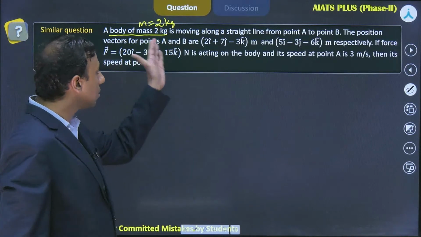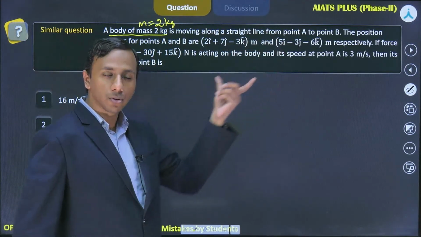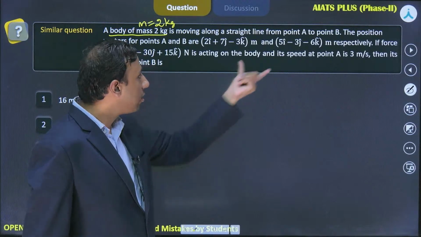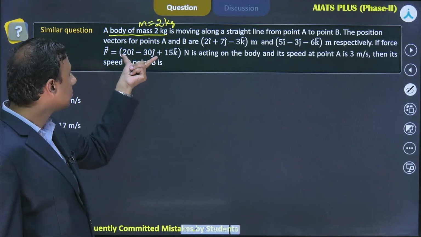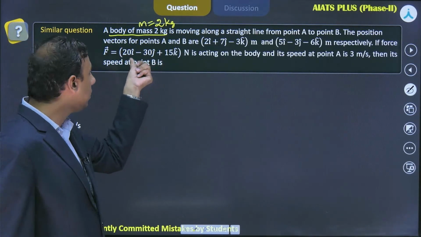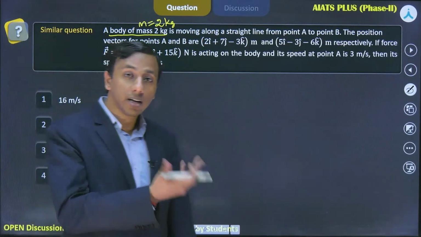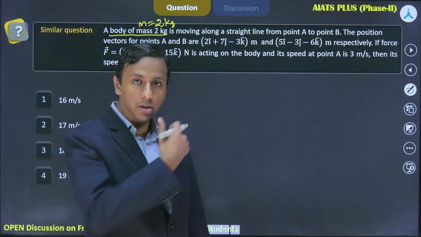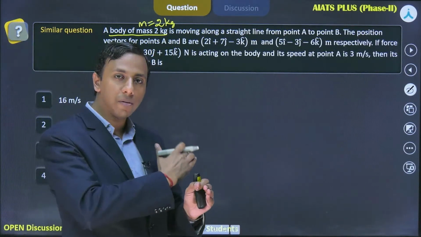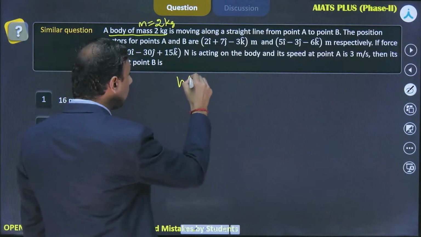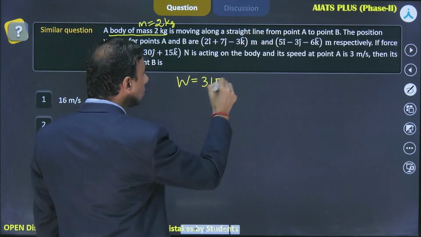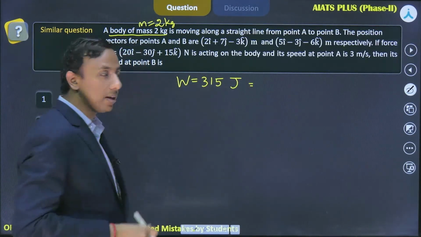The body is going from A to B, so the displacement vector will remain the same. The force vector is also the same, 20, 30, 15. So the work done will also remain the same, and we can directly use our result from the previous question. What was our work done? 315 joule.